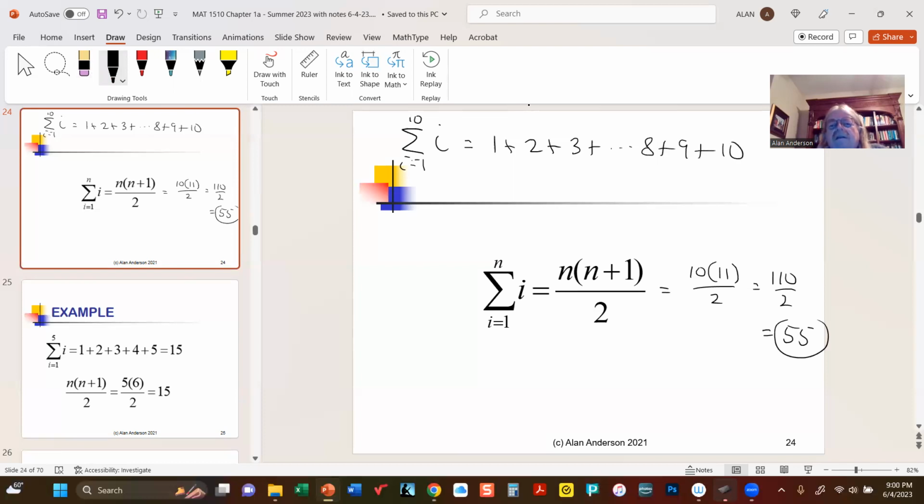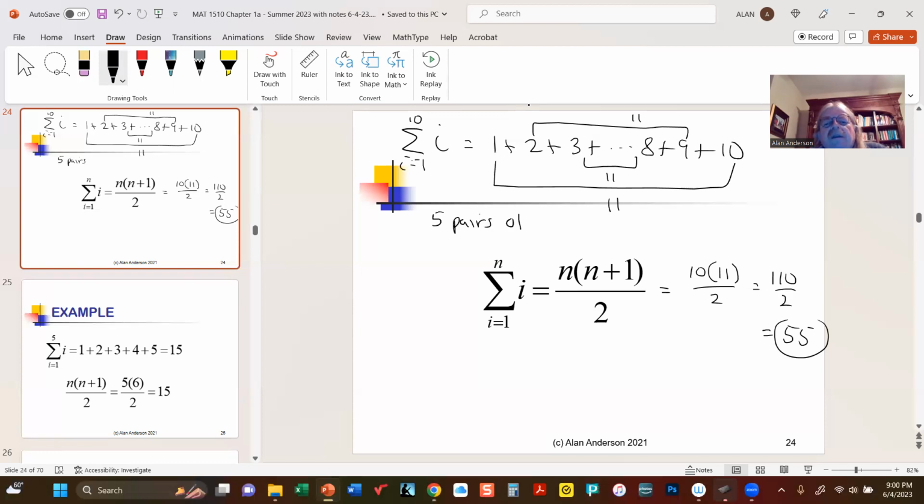Imagine yourself taking the first and the last terms and adding them up. And then you do the same thing here, and again. Of course, I've left out some of the middle ones, but the point is that altogether there are 5 pairs of numbers that add up to 11.